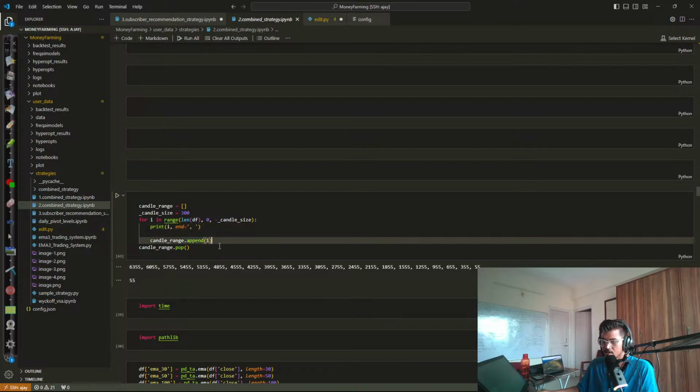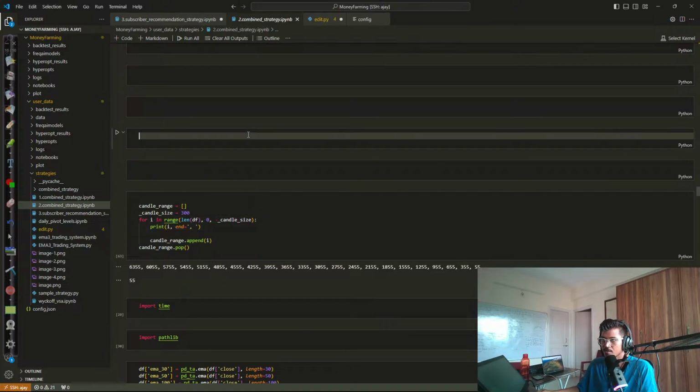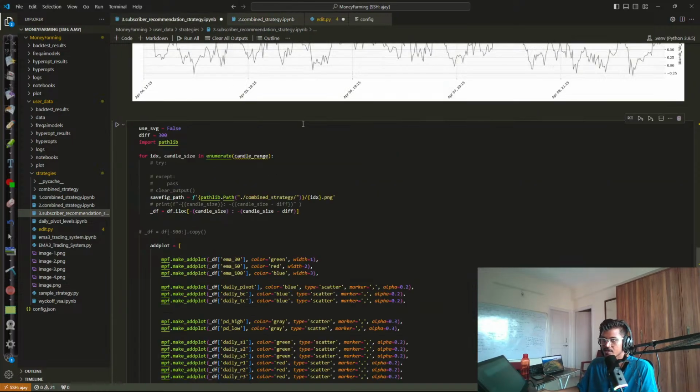This is the candle range. What is happening?